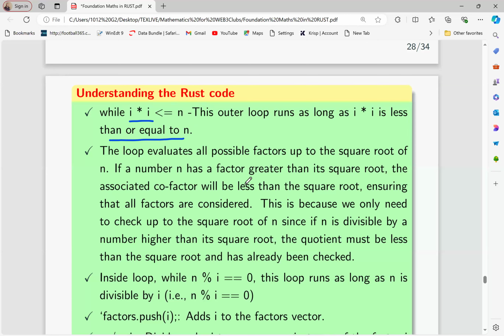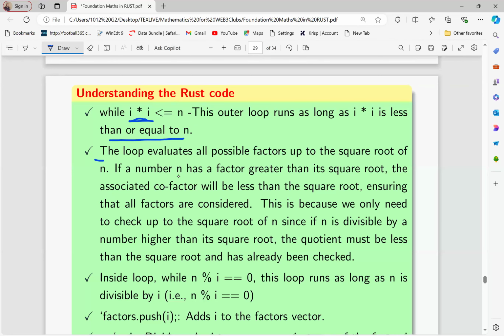So what does that mean? What I've explained is, we will not go through all the factors, trying all of them. Look at this. This is a square. So we'll be checking up to the square root of this number. That's what this means.